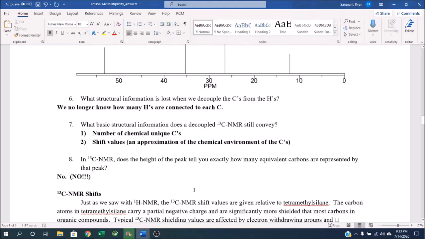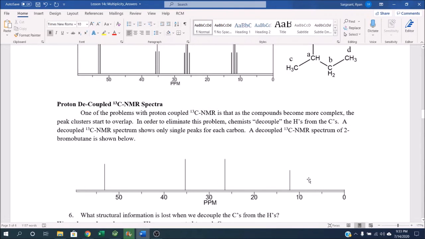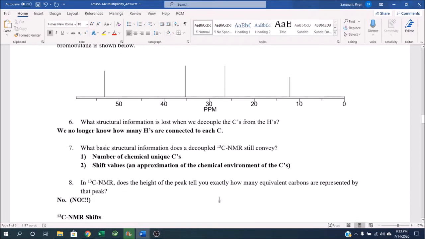So when you are looking at a C-13 NMR, don't try to read into how tall these peaks are. Each of these peaks represents 1 carbon, but they're all different sizes. And so this is common with C-13 NMR. There's no connection between the height of the peak or the area underneath the peak and the number of individual carbons. That is different than what we see in proton NMR spectroscopy, where the area underneath the peak, or the integration, absolutely is useful information.